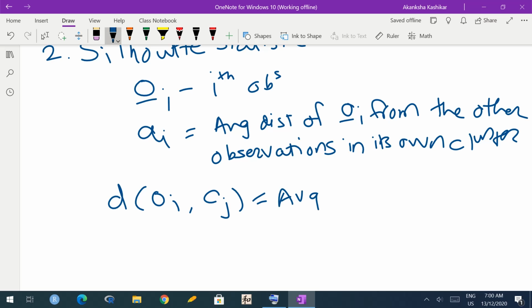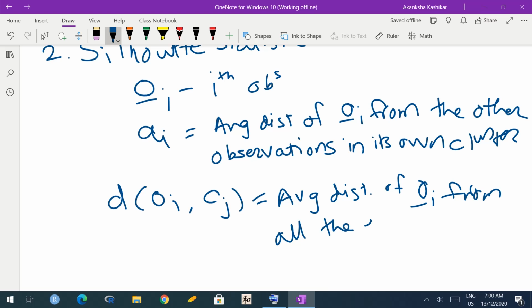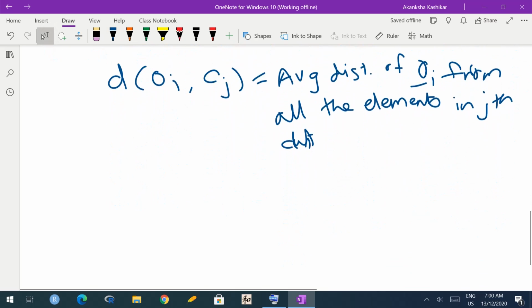This is the average distance of Oi from all the elements in the jth cluster. Okay, are you getting what we are trying to do here? So we compute the distance between Oi and Cj as the average distance of Oi from all the elements in the jth cluster, and we do this for every cluster.